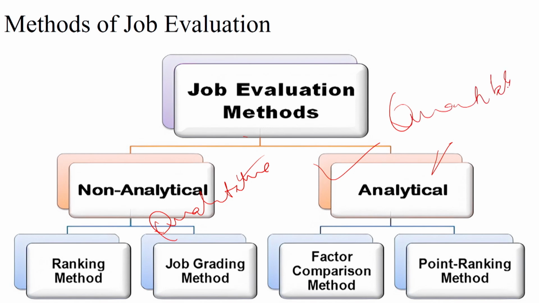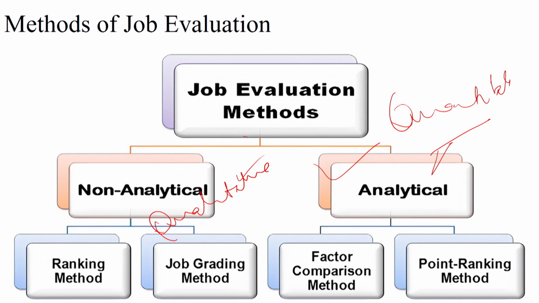Let me give you a brief introduction about the difference between the qualitative and the quantitative methods. The qualitative methods are very simple, fast and easy to understand, whereas the quantitative, as the word itself tells us, is a little complex and involves a lot of time and money.